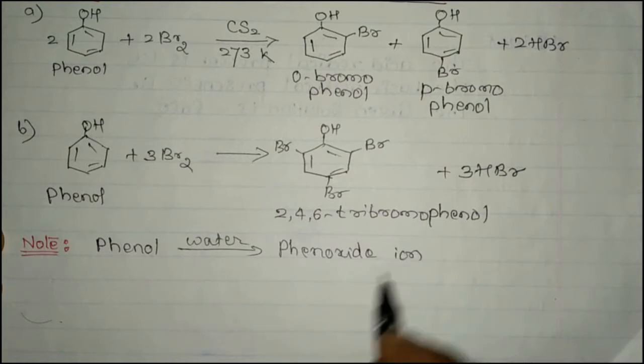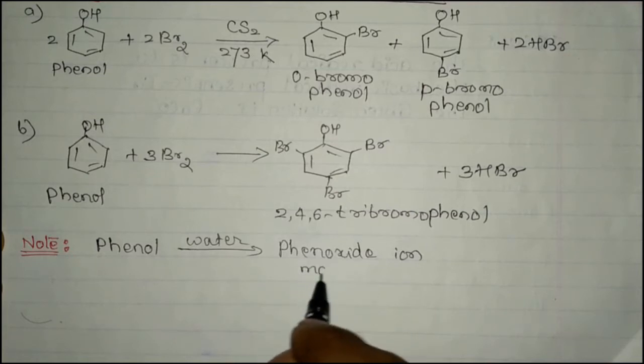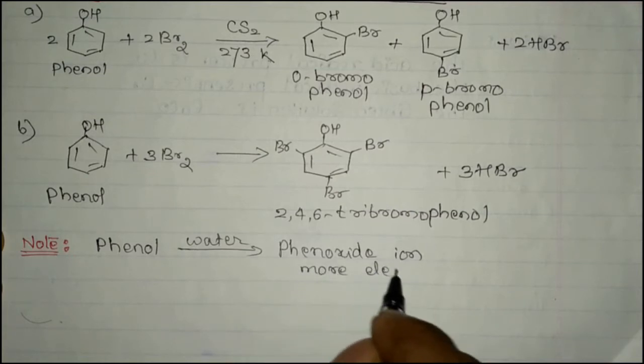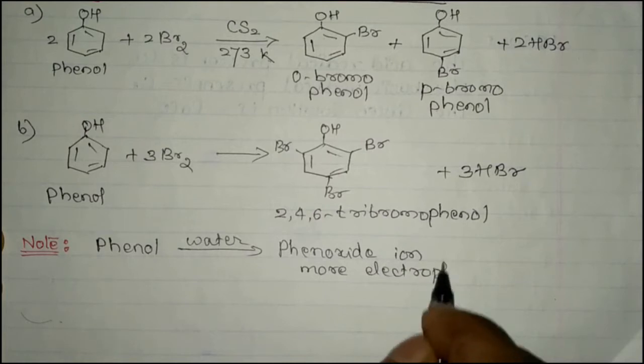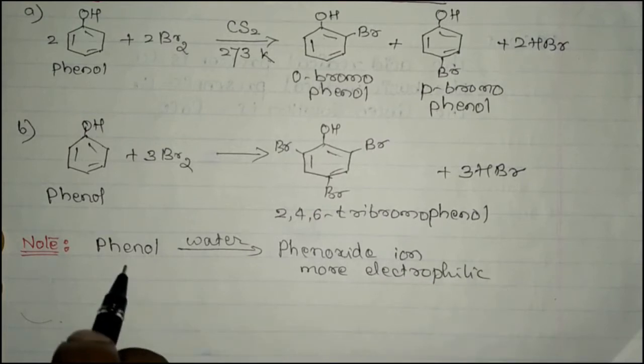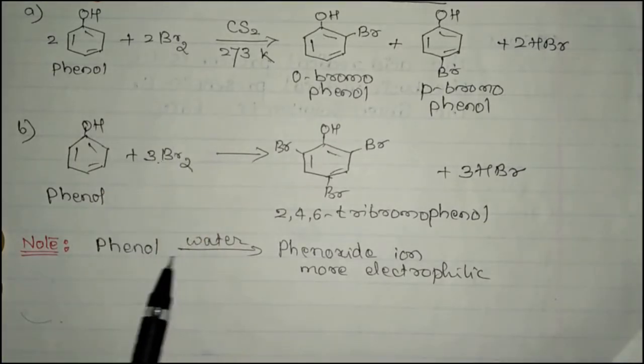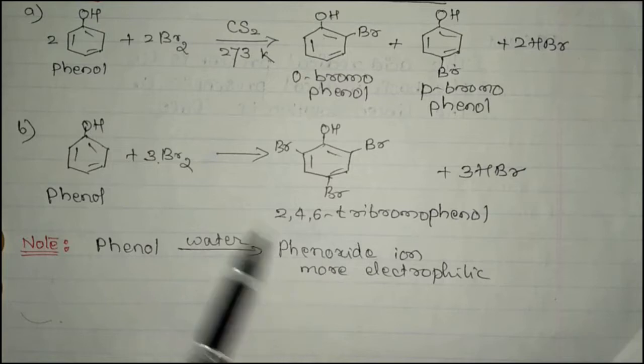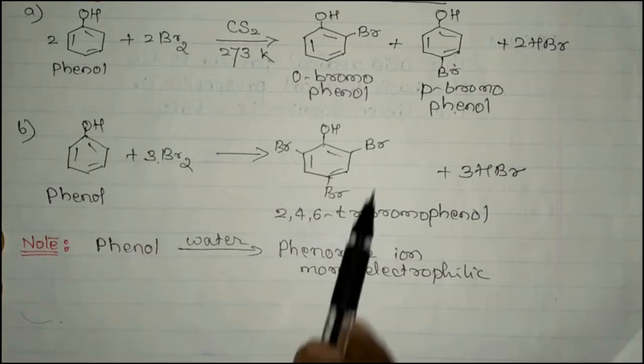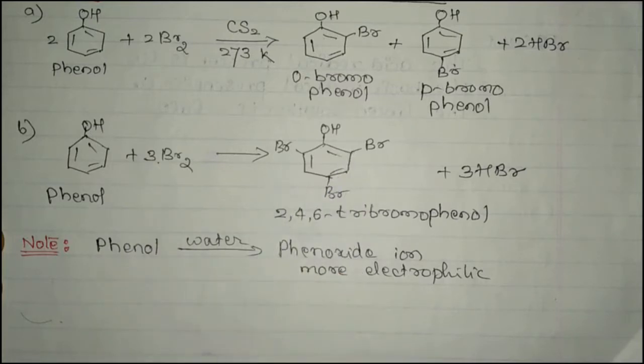Hence, here bromine water is used, phenoxide ion is formed, more reactive in nature, and hence you are going to get 2,4,6-tribromophenol.